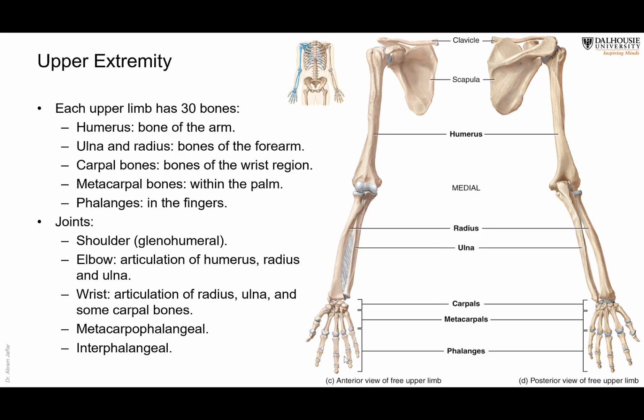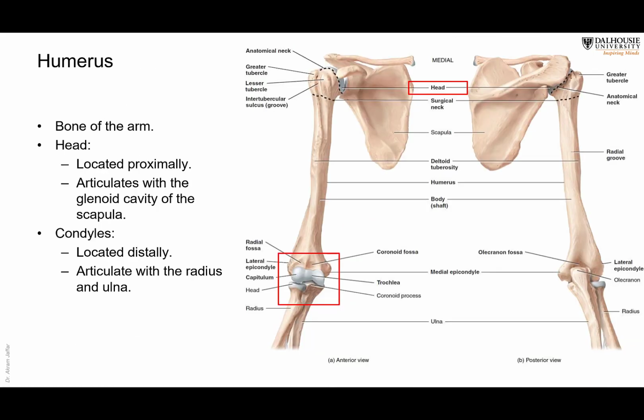There are a lot of joints, but the most important are the shoulder, the elbow, the wrist joint, and the metacarpophalangeal joints here, which form the joints of the knuckles. We're going to talk about them, and the interphalangeal joints.